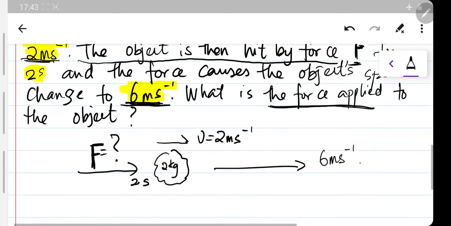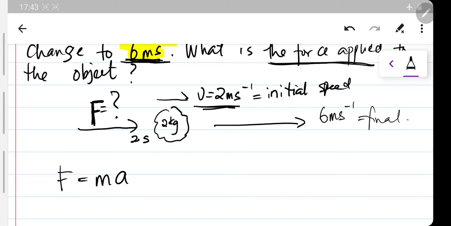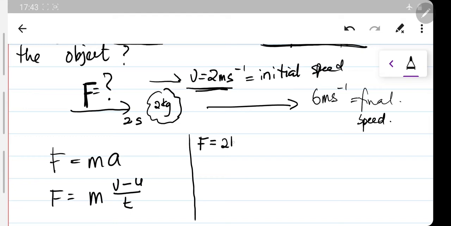Alright, so now we use F equals ma. So we can say that this is actually initial speed, and this is final, right? We have that kind of information here. So in this case, we need to change the formula into this. Then what we do, we substitute: m is 2 kg.